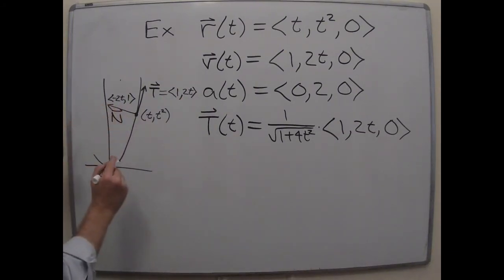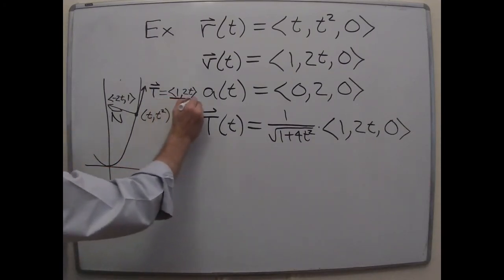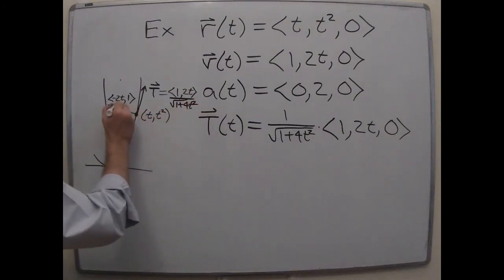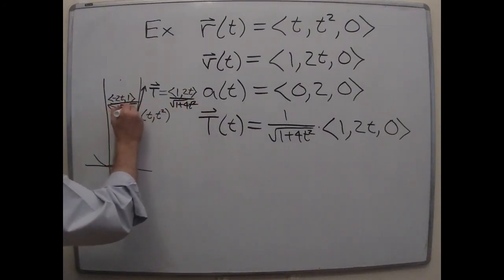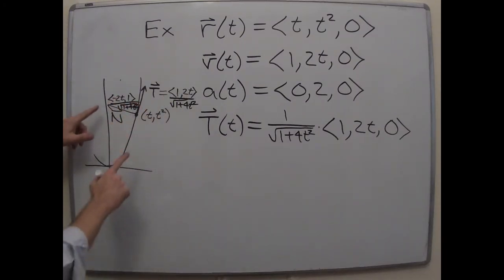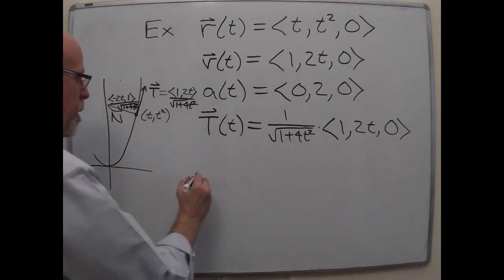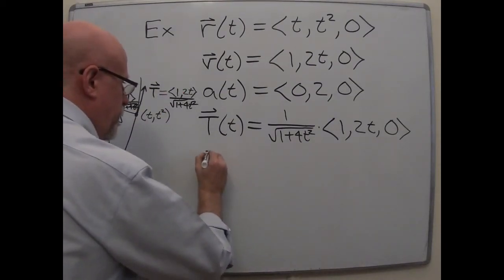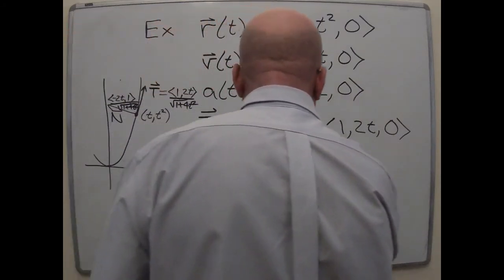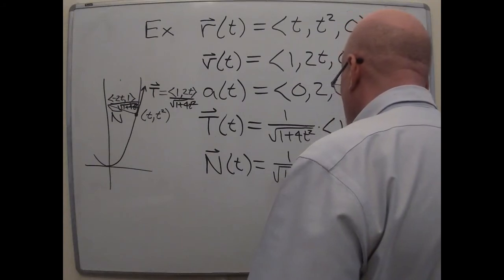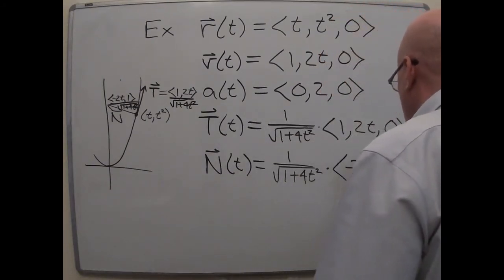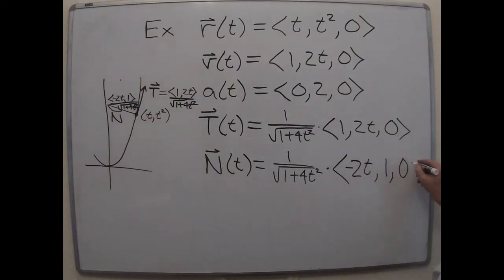Of course, that's not quite right, because both of them need to be divided by that square root of 1 plus 4t squared. But as far as the direction of them is concerned, we needed to produce orthogonality. So, by a little bit of a cheat, the normal vector as a function of time is 1 over root 1 plus 4t squared times minus 2t, 1, 0.